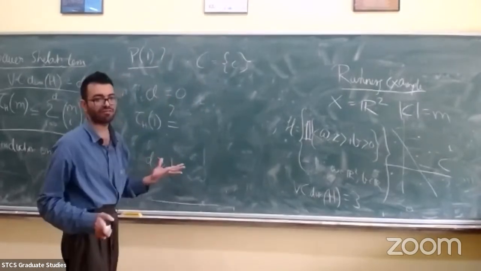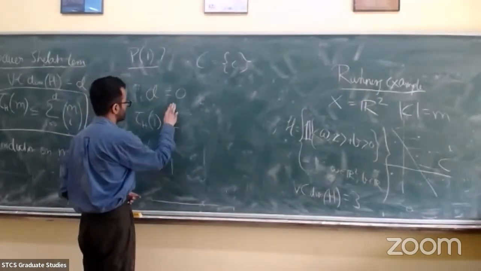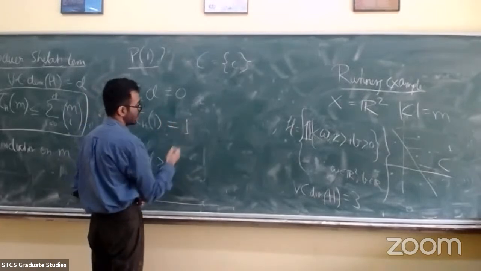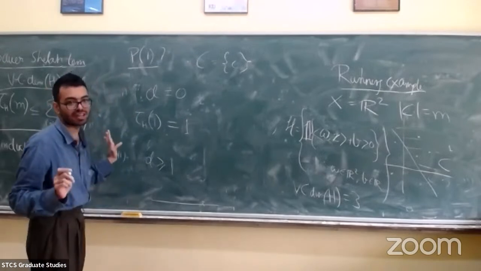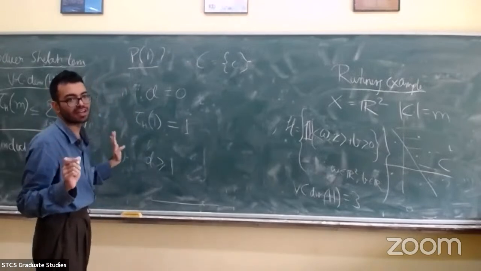So C can produce at least one vector always. It should be 1. My hypothesis class has at least one function.